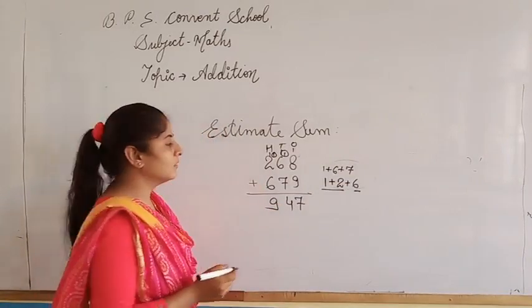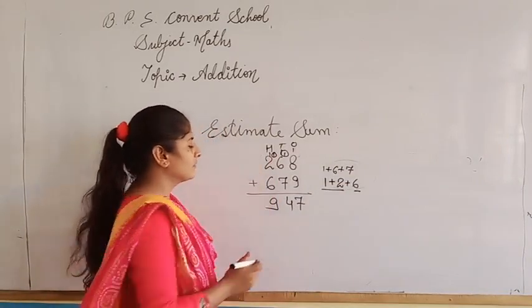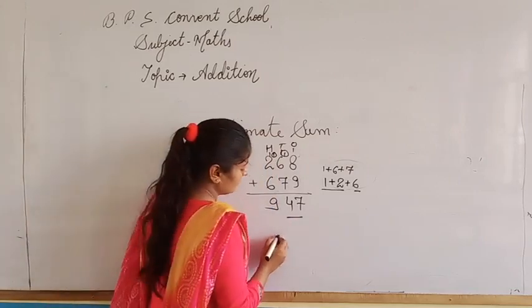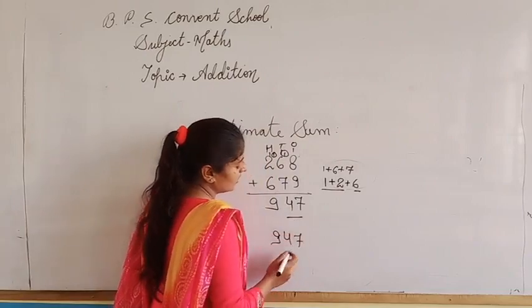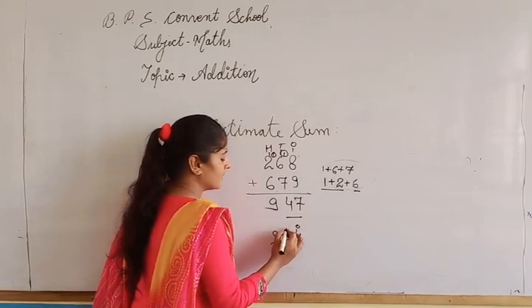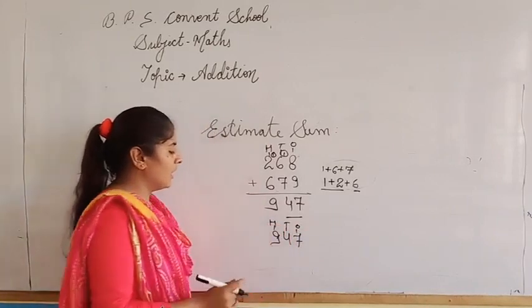Let's find the estimate sum to the nearest tens. So the sum of this number is 947. It's ones, tens and hundreds.